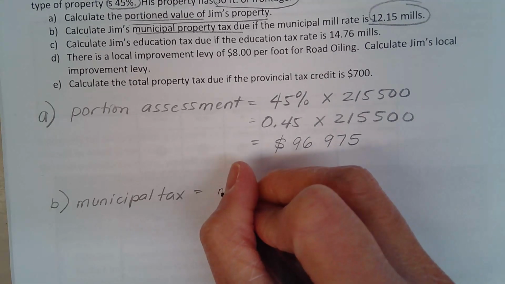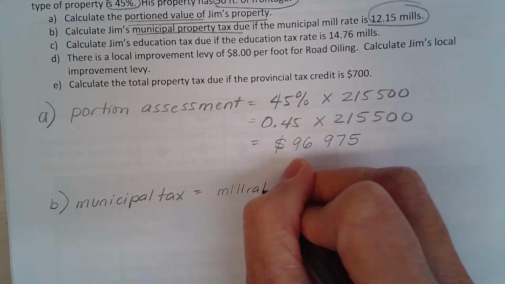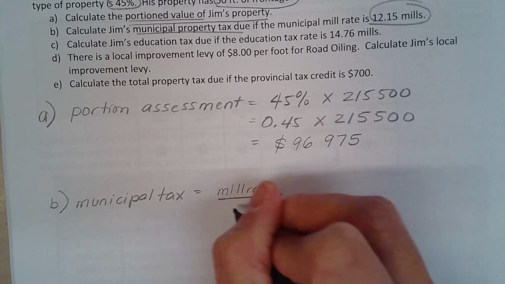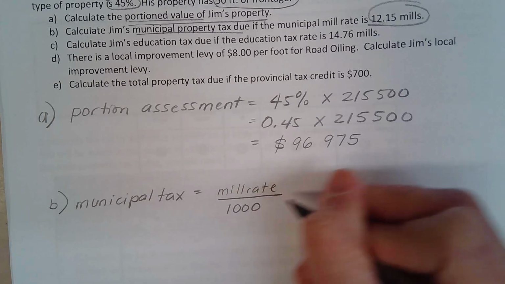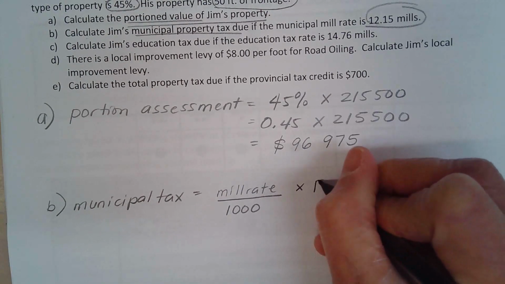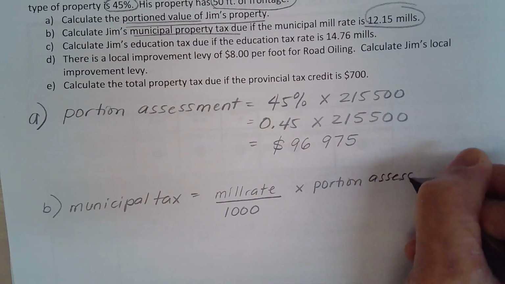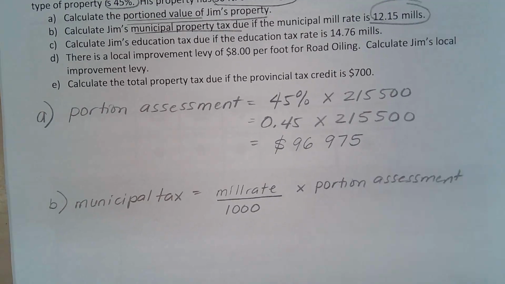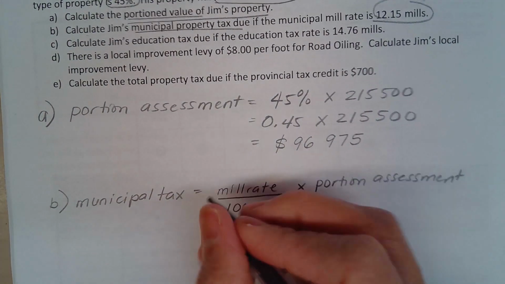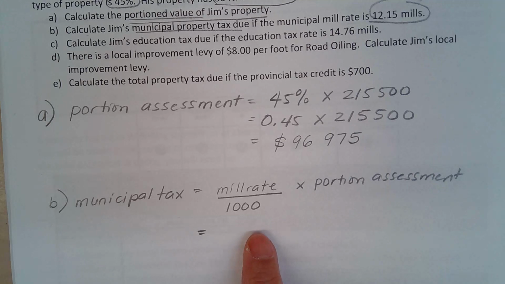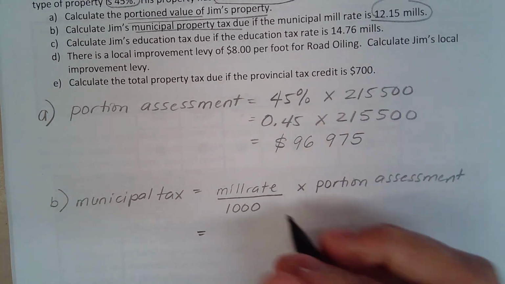It's mill rate divided by 1,000 times portion assessment. Is that okay? Remember that one? So what's the mill rate? 12.15.